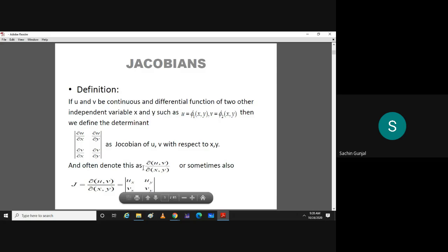This is how you read this: del of uv upon del of xy is Jacobian of uv with respect to xy. Copied?